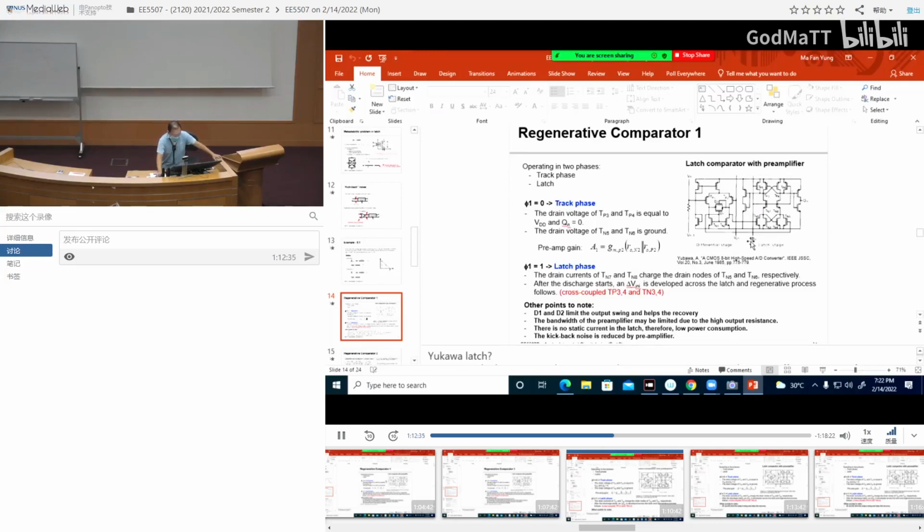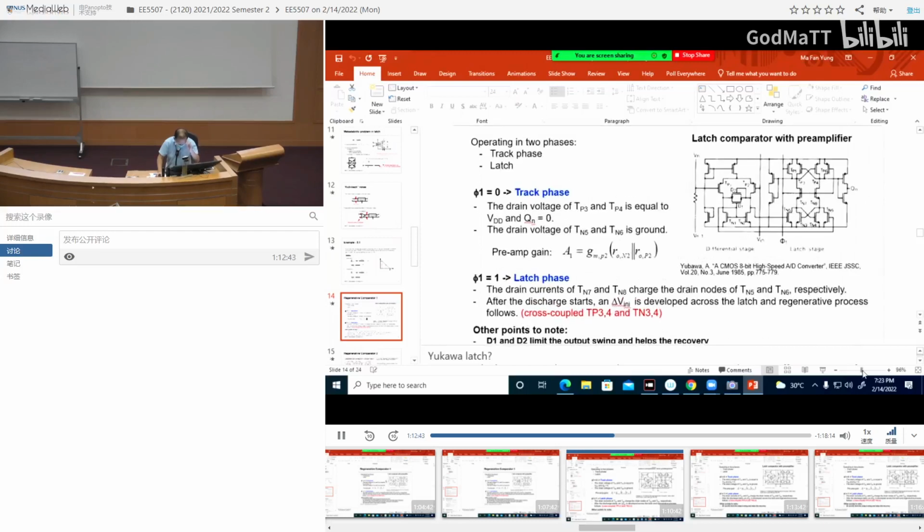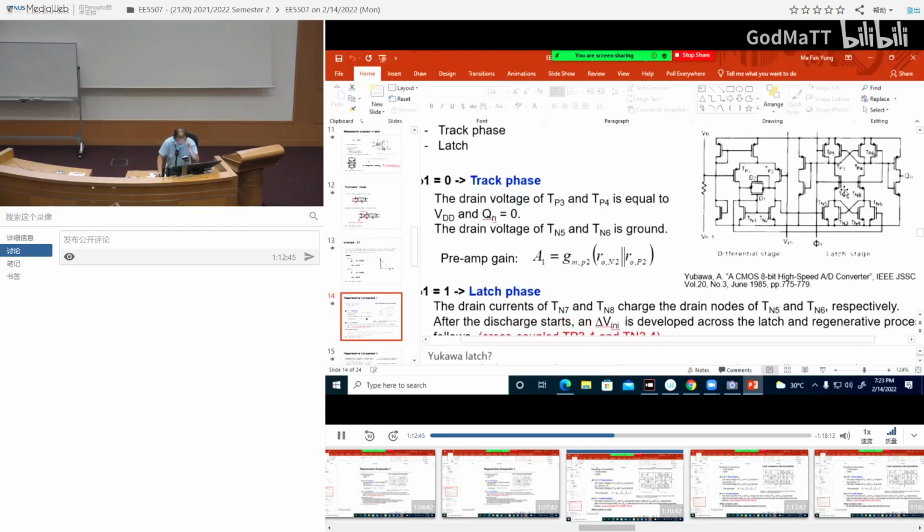When phi 1 is low or zero, what happened to these two devices, TN7 and TN8? This is low. What happened to these two NMOS? Off, right? Gate is grounded. So they're off, open.